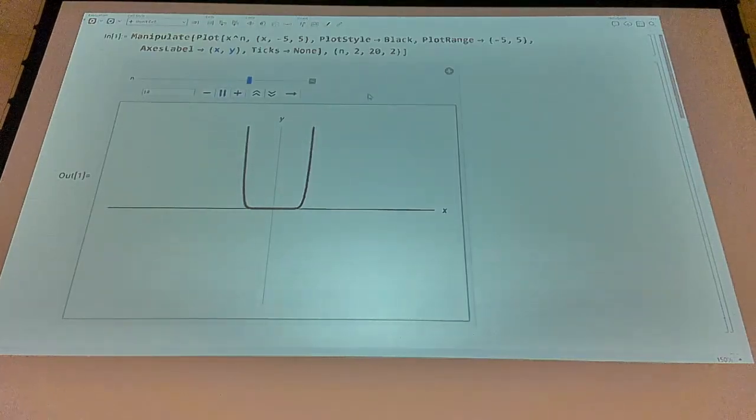If I just let this play out, it goes up to the 20th. You can see how the general shape itself stays the same. This will be important. So these are for all the even powers. Second power, fourth power.